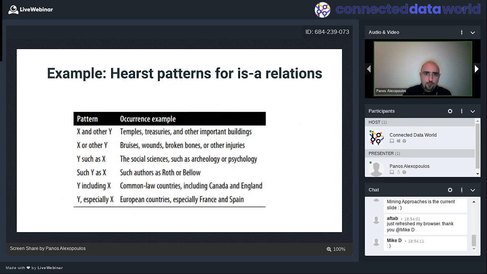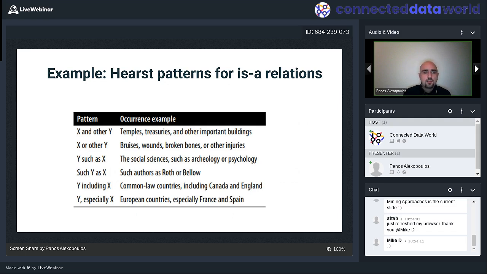An example of patterns, a very famous one, which I don't know its age, but I think it's more than 20 or 30 years now, are the Hearst patterns for is-a relations, right? So we can have the pattern X or other Y, or X and other Y, which when applied in a sentence like temples, treasuries, and other important buildings, we can understand that a temple and a treasury is an important building, right?